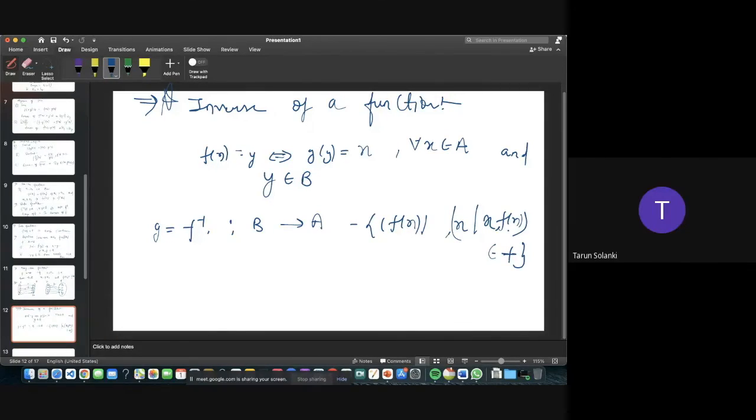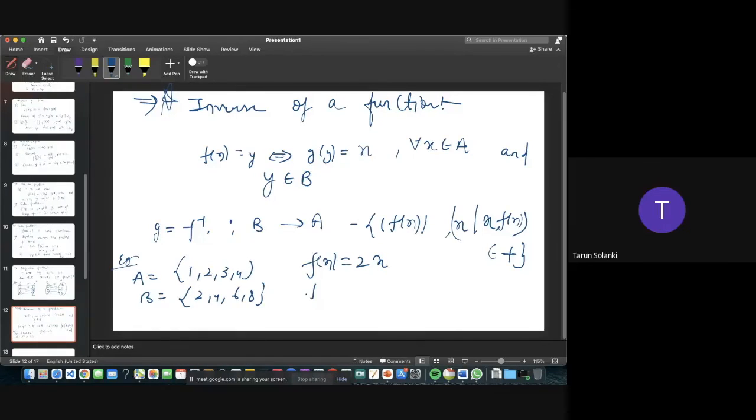So let us take an example. Let us consider a one-one function with domain A and range B, right? So A is, for example, 1, 2, 3 and 4, and B is 2, 4, 6 and 8. So f from A to B is given by f of x is equal to 2x.